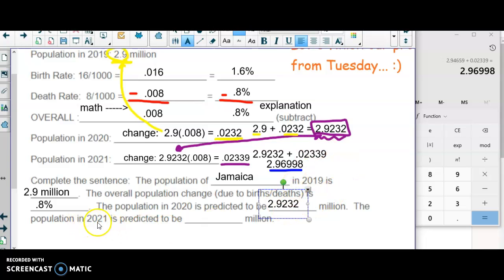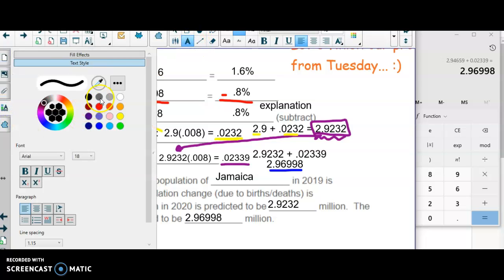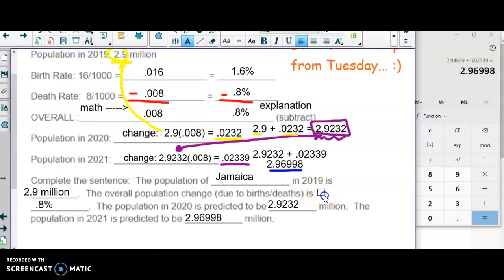The population 2021 is predicted to be 2.96998 million. Okay? Or if you wanted to really break it down, I'll do this in ghostwriting. It'll be the last thing we do. You could say 2,923,200.